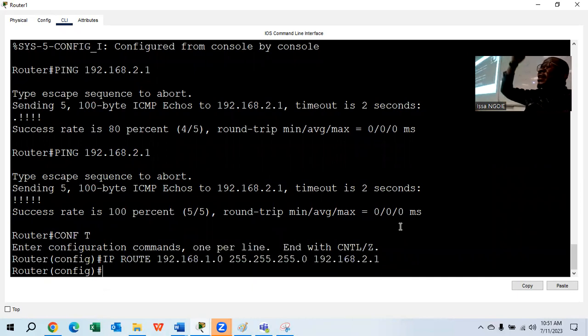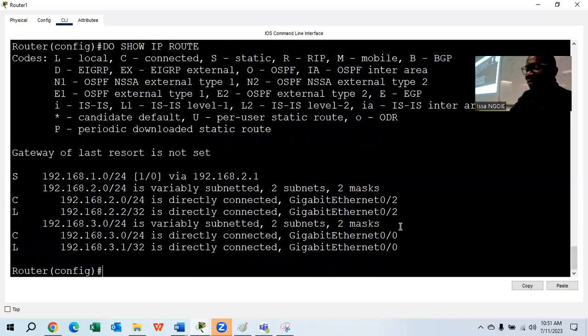Now let's check the database again. Do show IP route. What did you see? There's a static route, huh? You can see S there. So static means your router knows how to reach this 192.168.1.0 network via which interface?